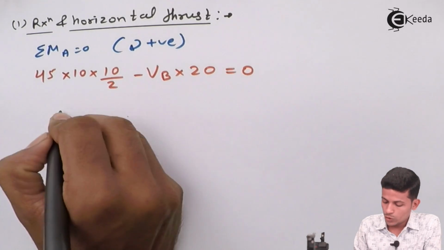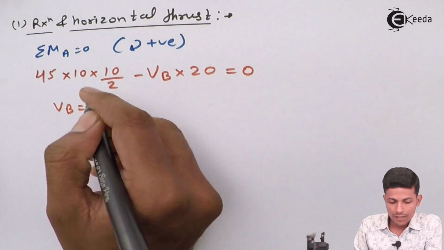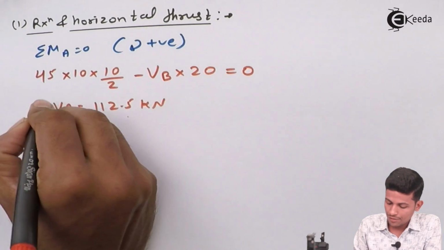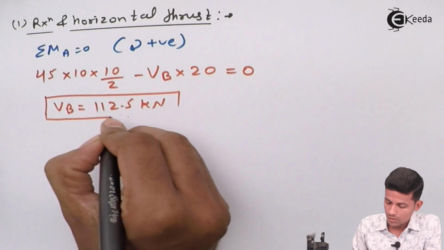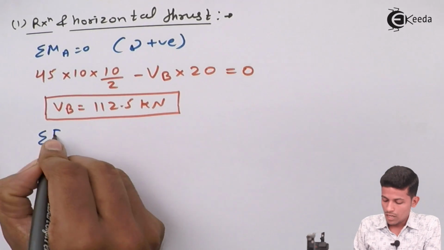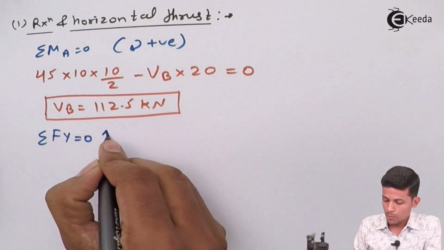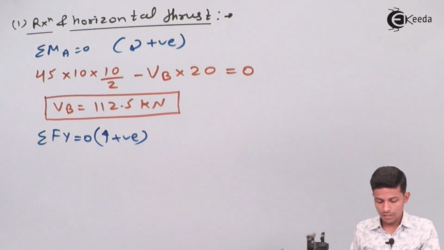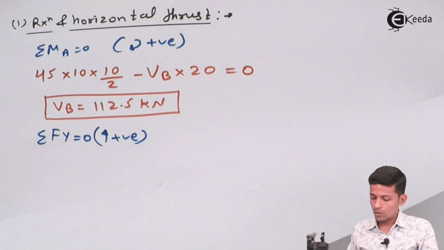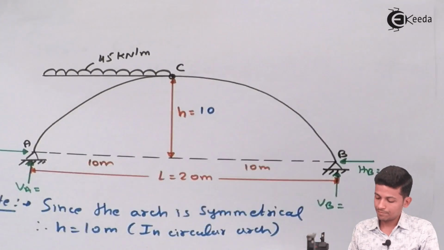Now solving this, you get the value of VB as 112.5 kilonewton. After that, we apply summation Fy equal to 0, upward positive. Write the reaction here, 112.5.